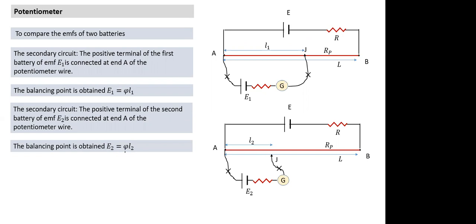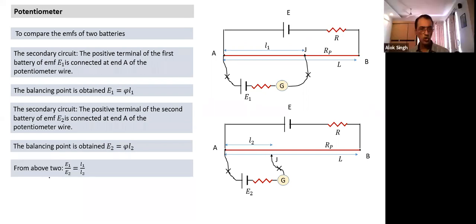You can divide these, and hence the ratio of the EMF of the two batteries is E1 by E2 equals L1 by L2. So if one battery has known EMF, even if we do not know the EMF of the other battery, and even if we don't know the resistance of the potentiometer wire, I can find the unknown EMF using this method without knowing the potential gradient. Is this clear?